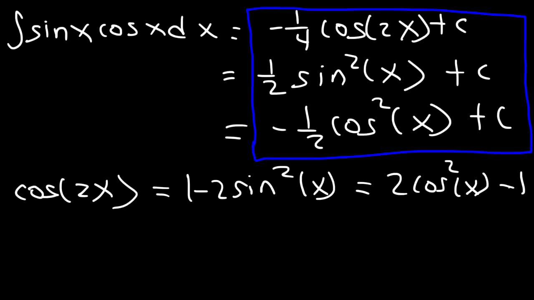The third form is cosine squared minus sine squared. So starting with this expression, let's replace cosine 2x with this expression. So it was negative 1/4, and then instead of writing cosine 2x, I'm going to insert 1 minus 2 sine squared.